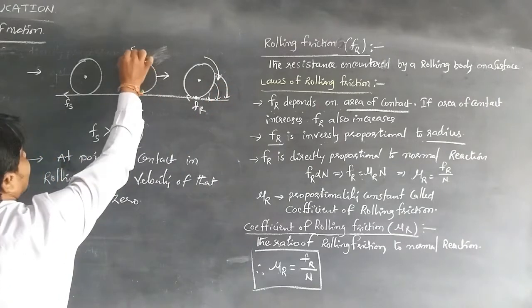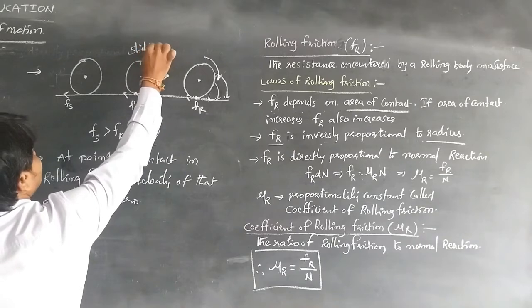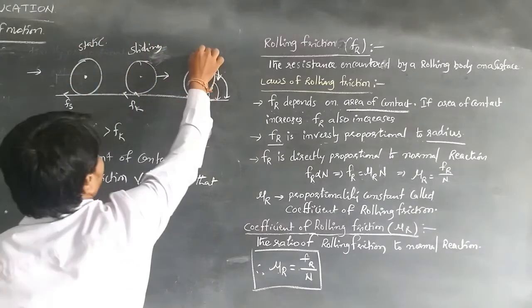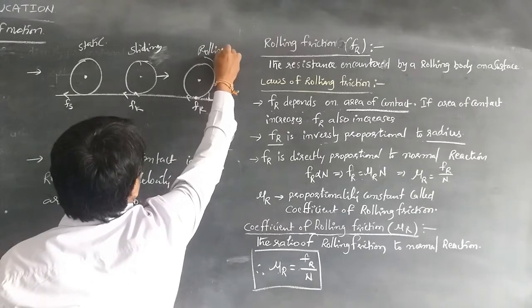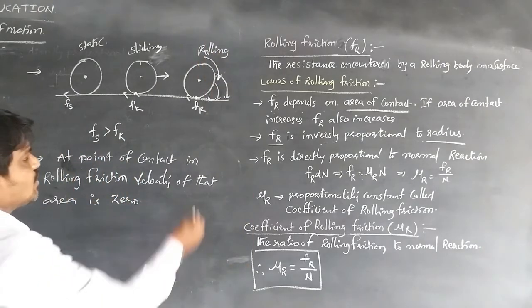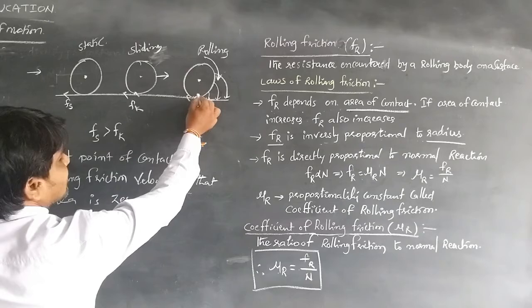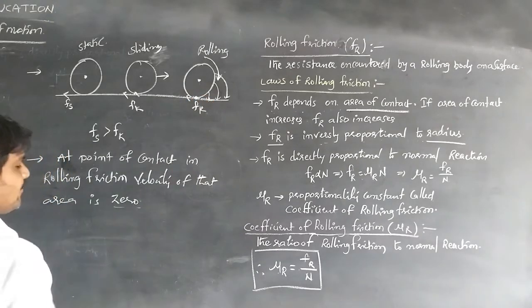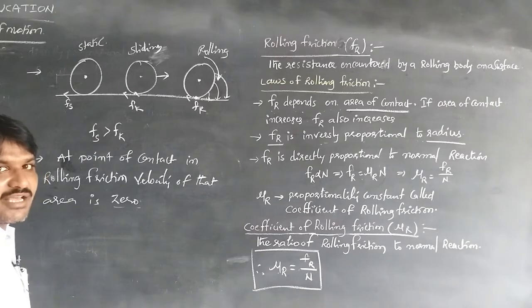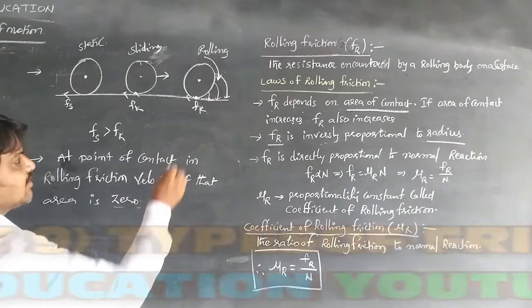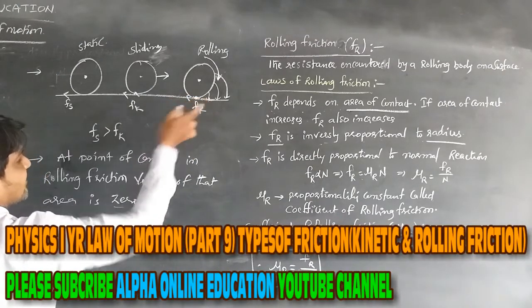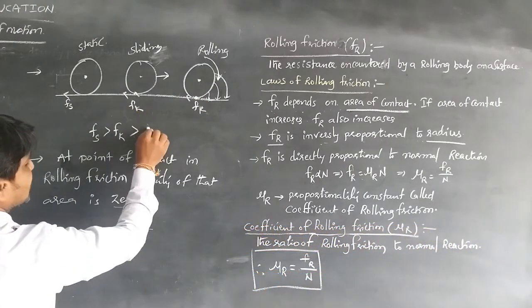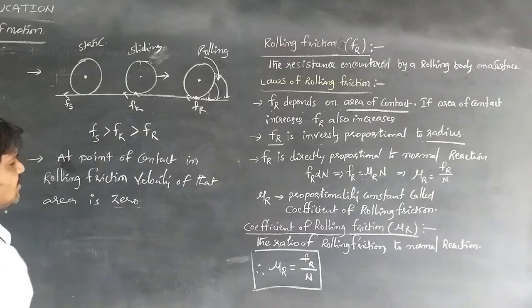This is sliding, this is static, and this is rolling. So at the point of contact the velocity of that area of the body is 0, and the frictional force will be less. Because the point of contact is less, the frictional force is also less. The kinetic friction is more than the rolling friction.